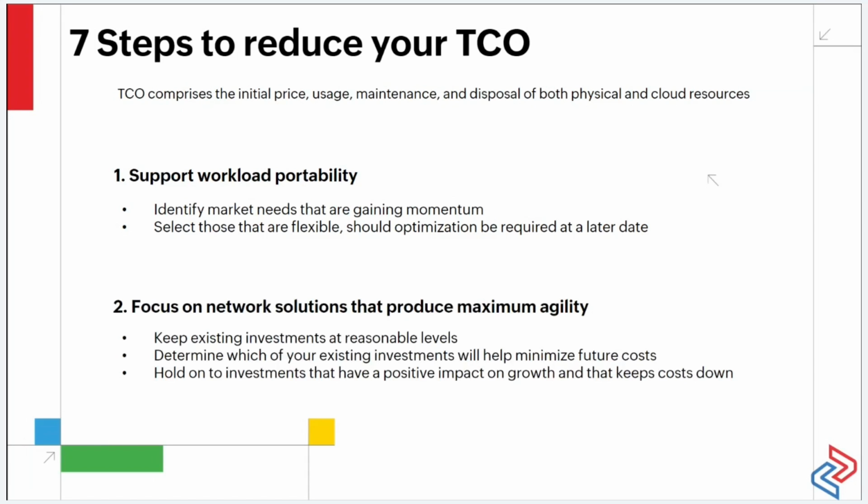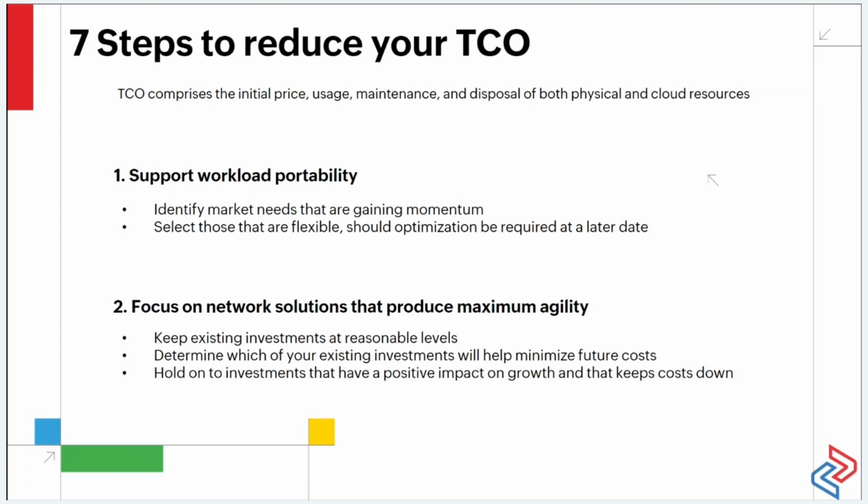The second step would be to focus on network solutions that produce maximum agility. So from an agility standpoint, you want to make sure that the money that you're spending is more agile and is giving you a service in return, which can spread through multiple use cases, which is future looking, and which will solve a larger problem for you in the long term.